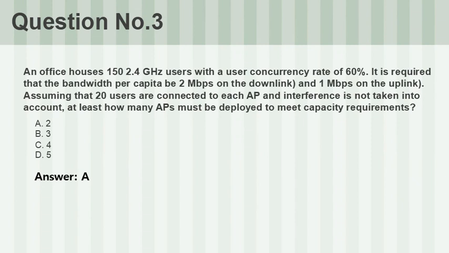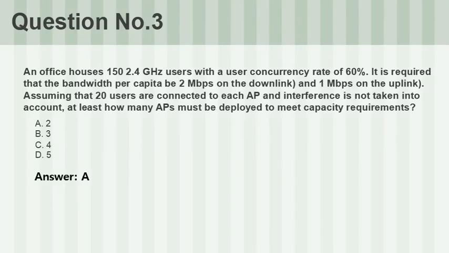Question number 3. An office houses 152.4 GHz users with a user concurrency rate of 60%. It is required that the bandwidth per capita be 2 megabits per second on the downlink, and 1 megabit per second on the uplink.